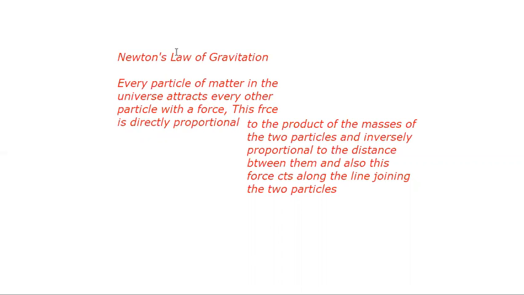For example, if I draw two bodies, one body and second body, and the mass of this particle is small m and the mass of this particle is capital M, and the distance separating them is capital D, then according to Newton's law of gravitation, these two bodies will attract each other with a force, and the value of this force will be proportional to the product of the masses of the two bodies.